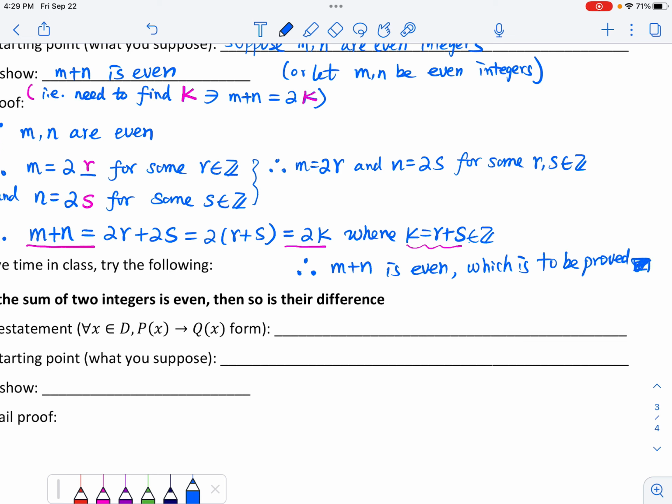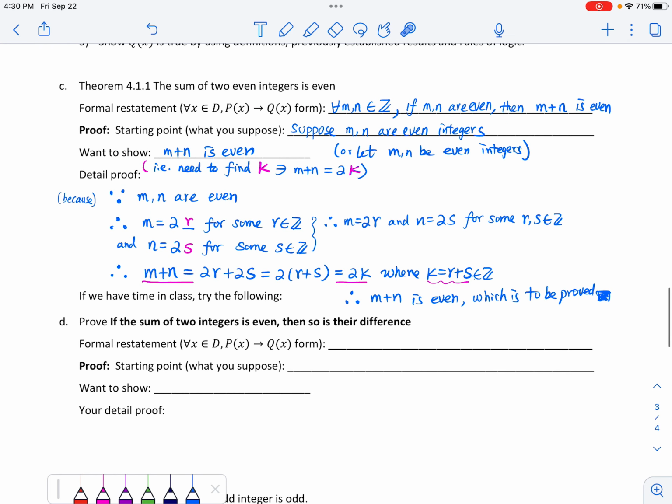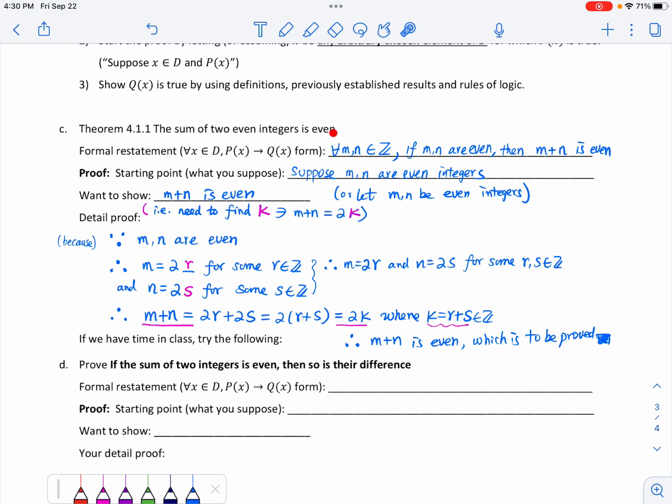This little square, a solid filled square, or sometimes just an empty square, means this is the end of the proof. So that's how I would do it. Even though this problem is very simple, the focus is on how to translate it into conditional statements, how to begin, what you assume, and identifying what is to be shown.